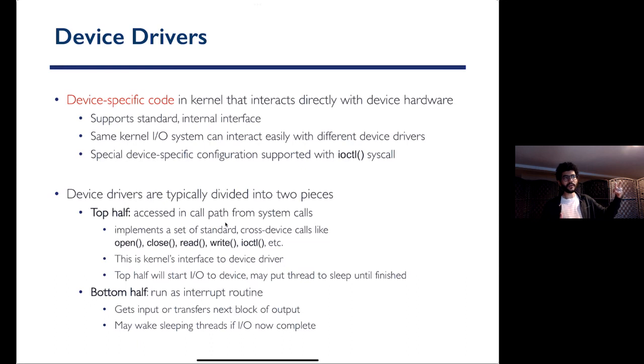Now the bottom half gets to execute after the interrupt is raised, indicating that the device is done with what it's supposed to do. And at this point, the bottom half runs in the interrupt handler. So you detect whatever interrupt has happened, and then you handle that. That we usually call the bottom half of the device driver.